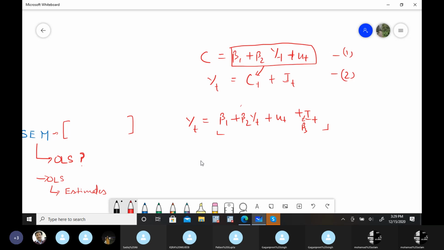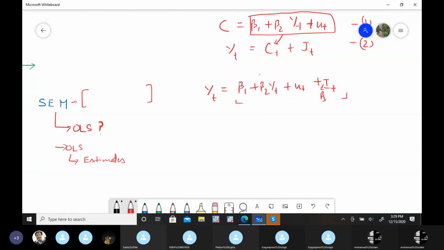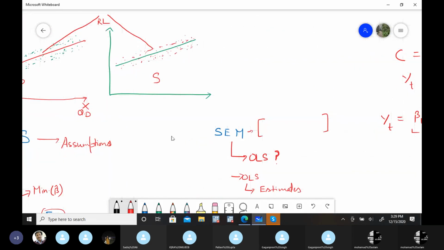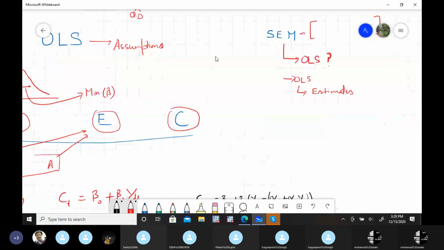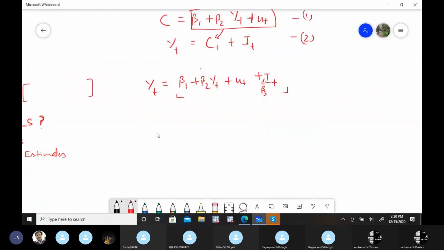But first we have to cross-check whether, if we apply OLS here, the results are unbiased, efficient, and consistent. That's what we have to think about. We have to check whether direct, simple OLS will work here or not.